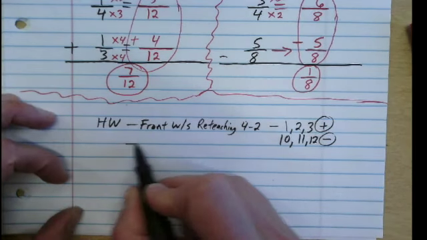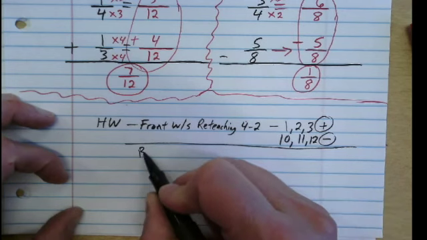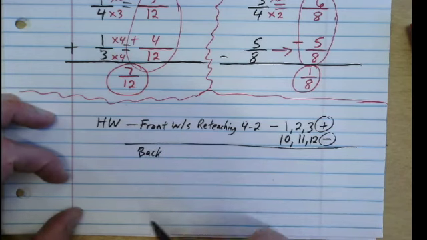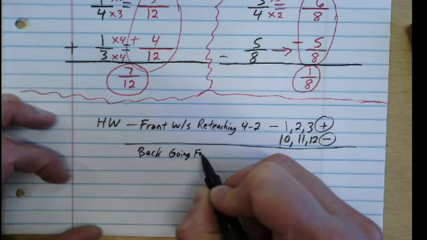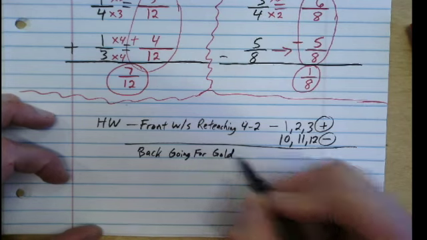On the back of the worksheet, it's called Going for the Gold or something like that, Going for Gold.